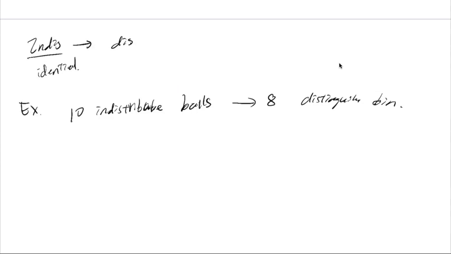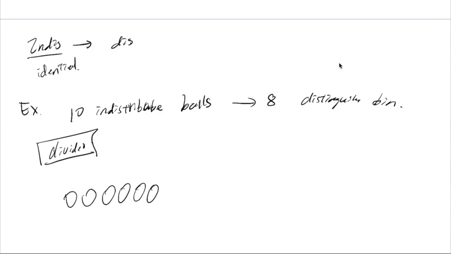The way we solve this problem is to use the divider. That's the keyword for this type of problem. The idea is that you first put 10 balls on the plane, and then to separate into 8 bins, we need 7 dividers. We need 7 dividers to divide these balls into different bins.